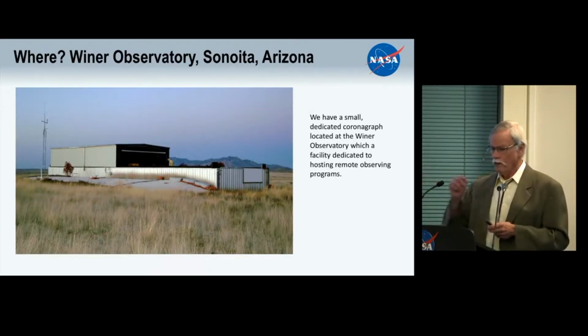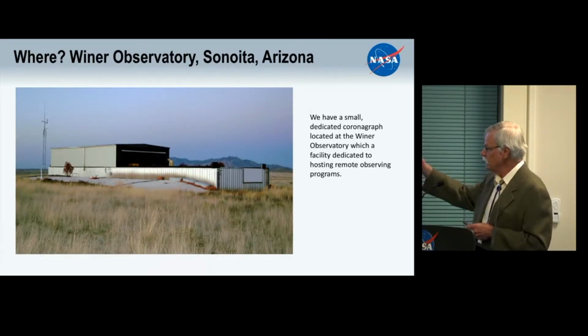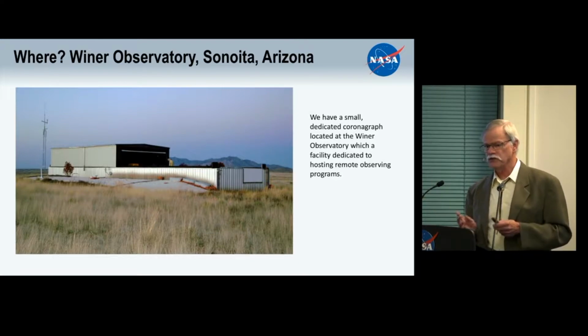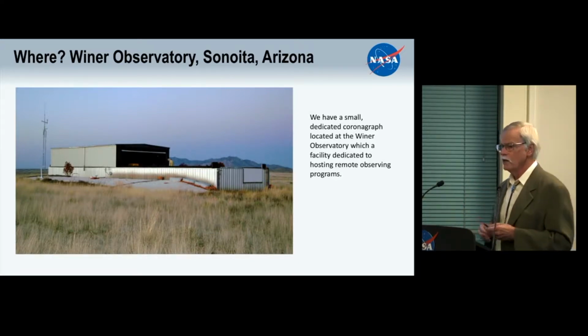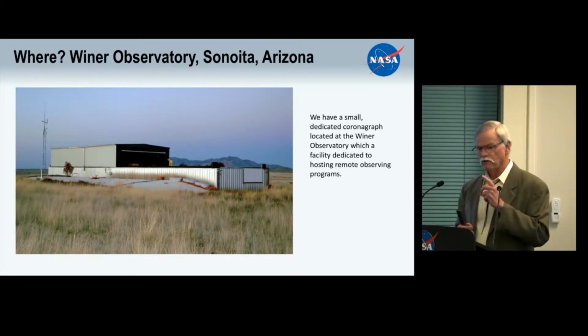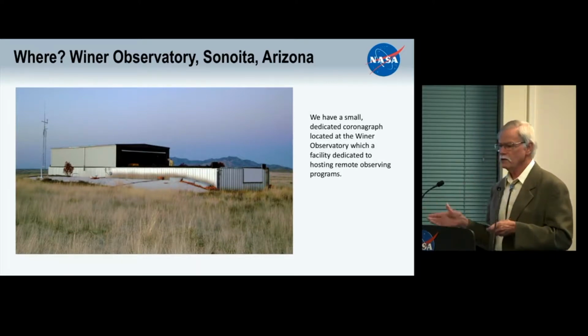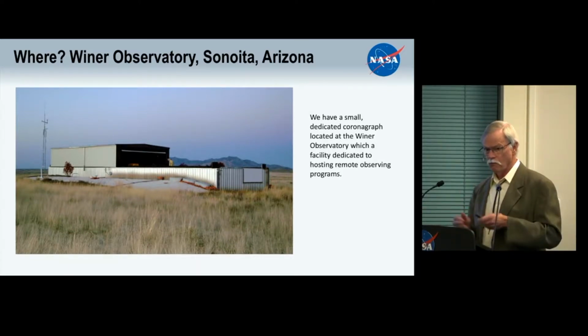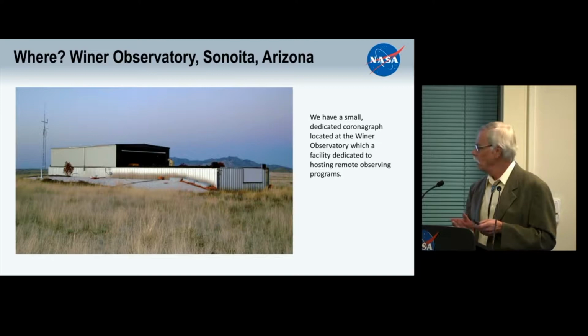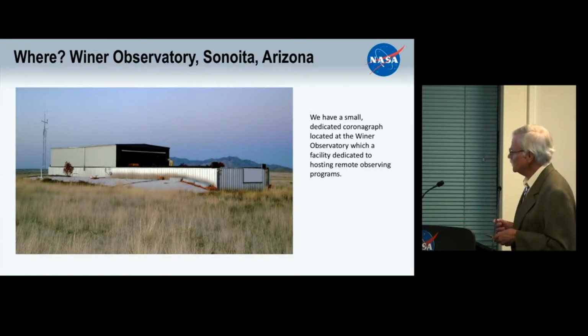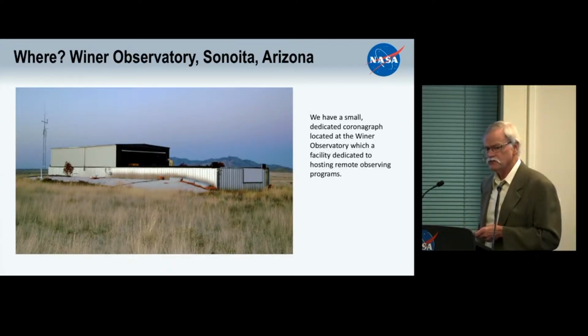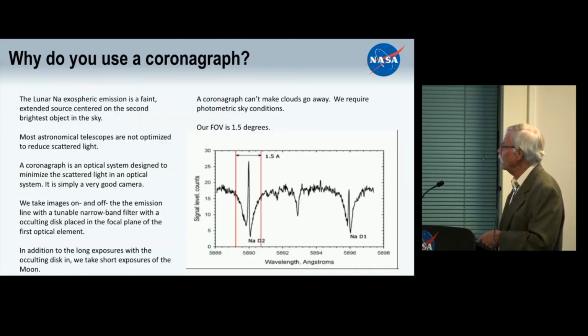You'll notice there's a rollback roof, and inside that area are 4 telescopes, one of which is ours, and all of them are designed to get many observations done robotically or remotely. So that's where we've located it.